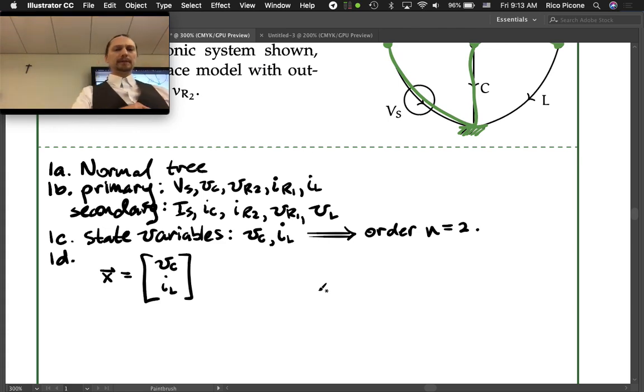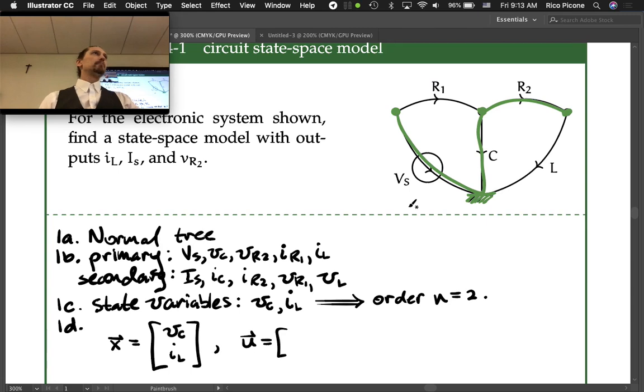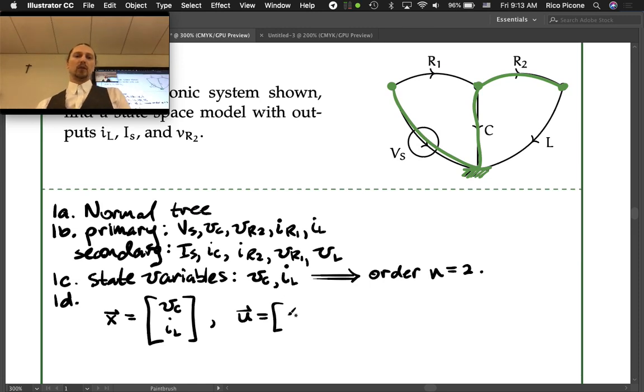Okay. And what about the input vector? What are our inputs in this model? Vs, right? Just the voltage source. So there's only one, so just Vs. So 1 by 1.